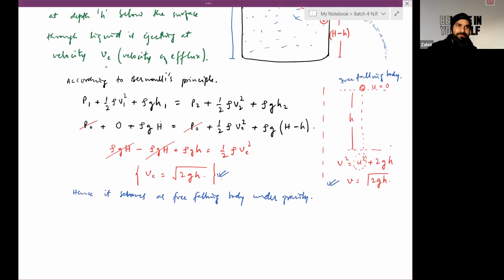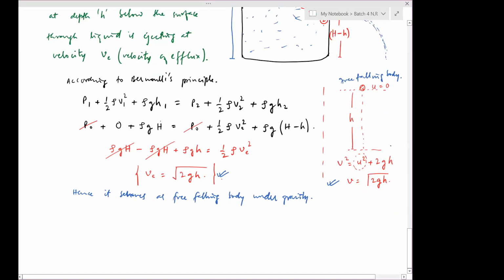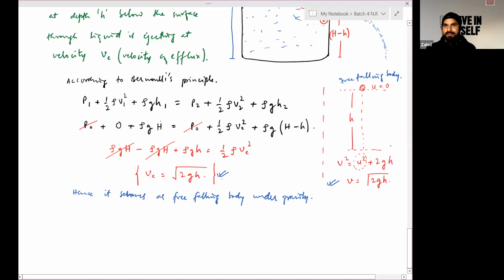In this part, I'm not following the entire system. We are just considering the falling of the liquid part only, not the whole tank.